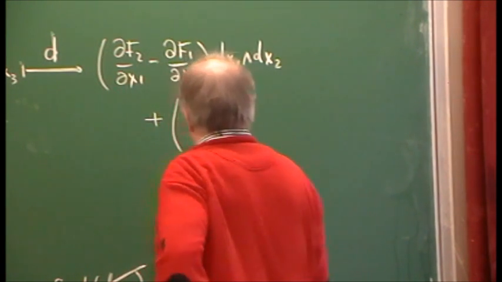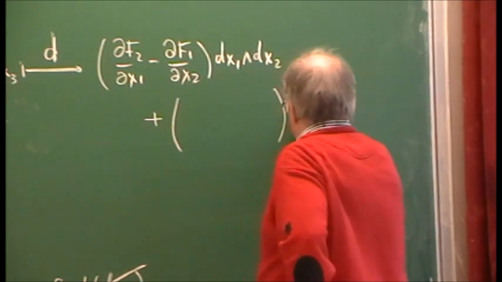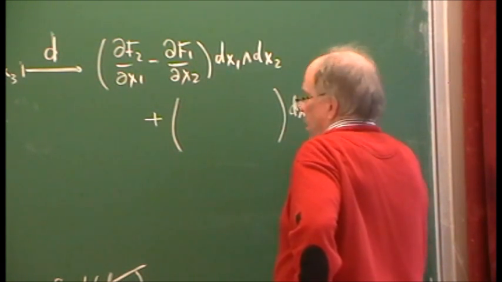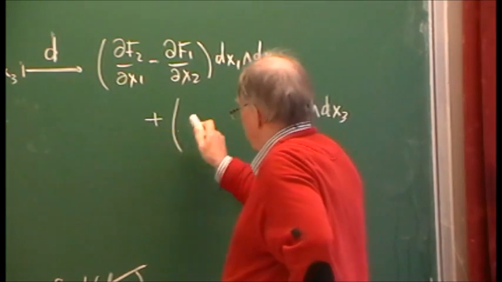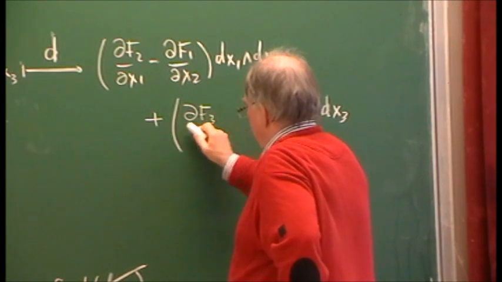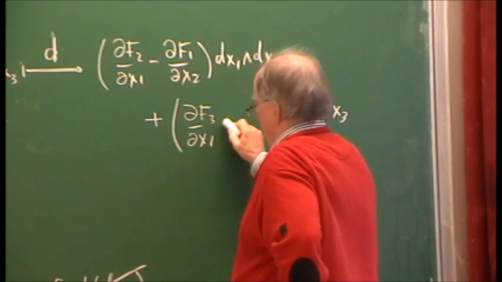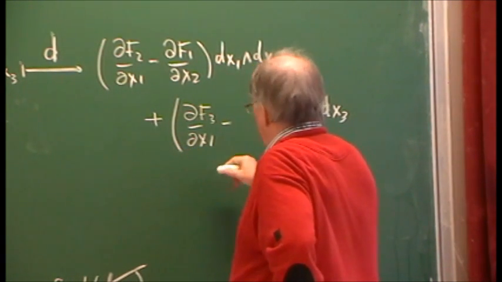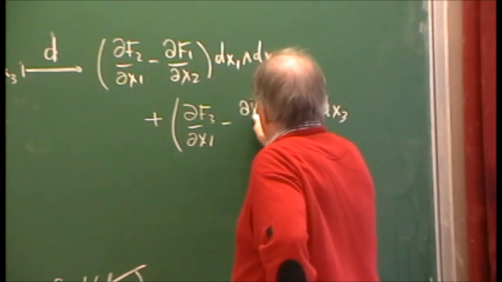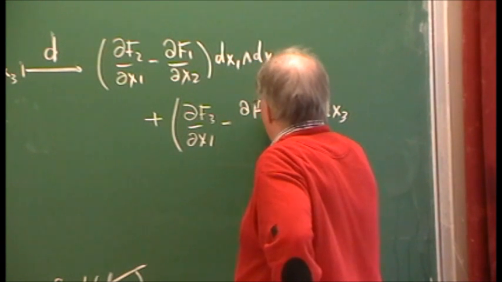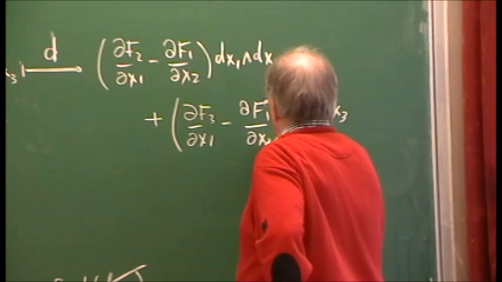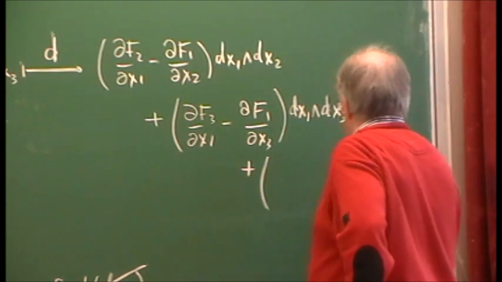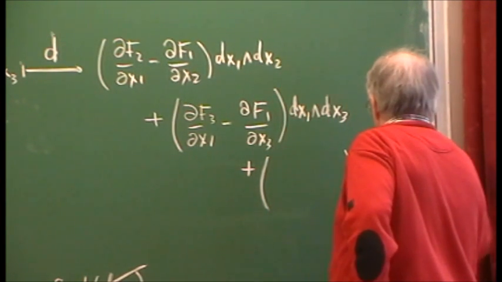So what else? I want to find out what the coefficient of dx1 wedge dx3 is, and that's easy. That's partial f3 x1 minus partial f1 x3, and then the coefficient of dx2 dx3.